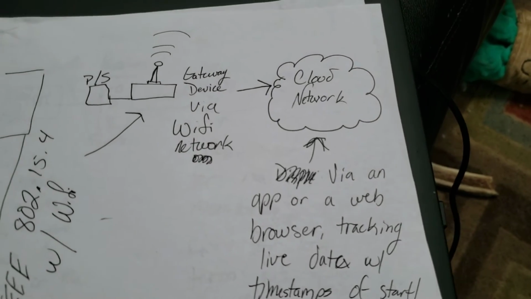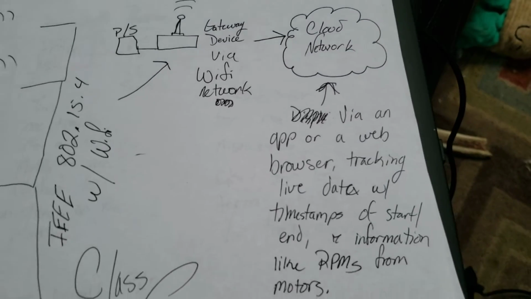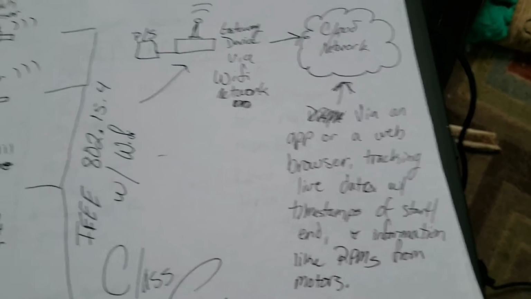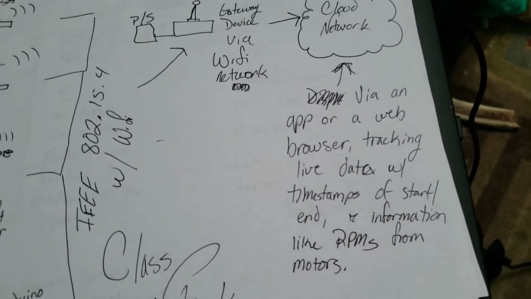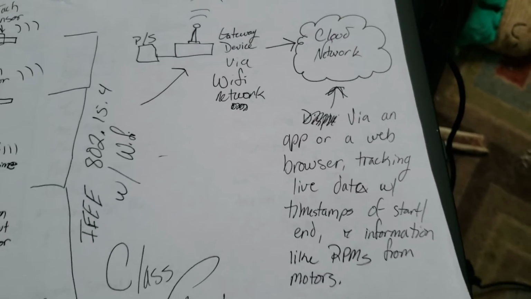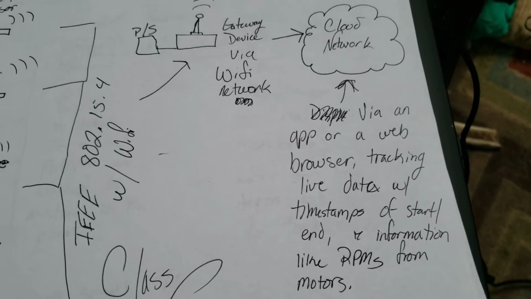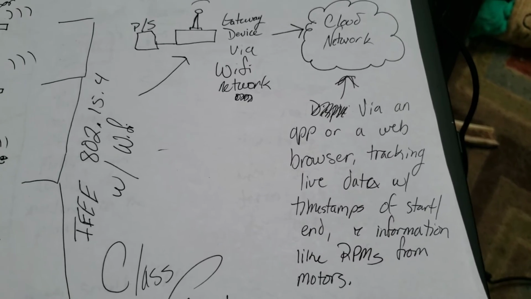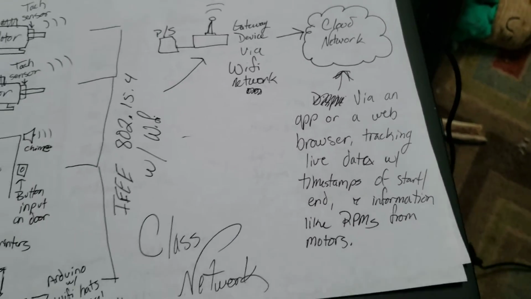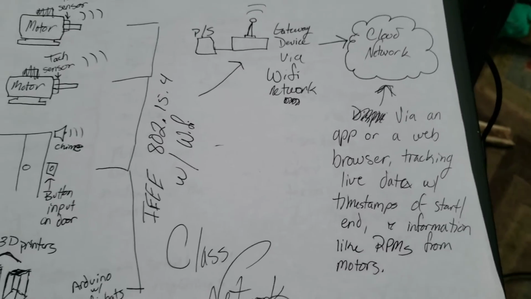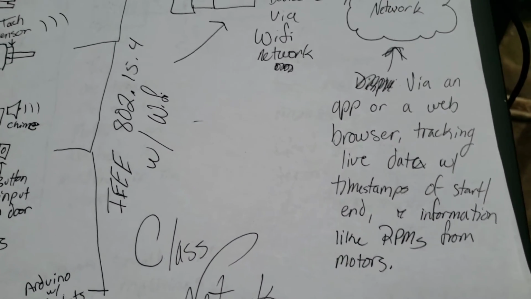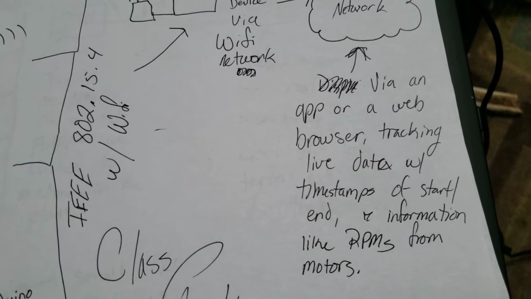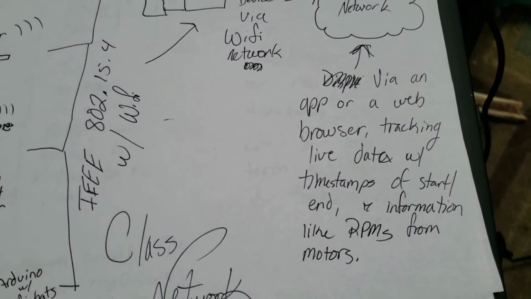And then this would go to the cloud network, and then via an app or a web browser, it would have, and I didn't put this here, but it would be for instructors and lab techs. Everyone would have their own login, or possibly just one shared login to look at the live data and possibly timestamps of start and information like RPMs from the motors.